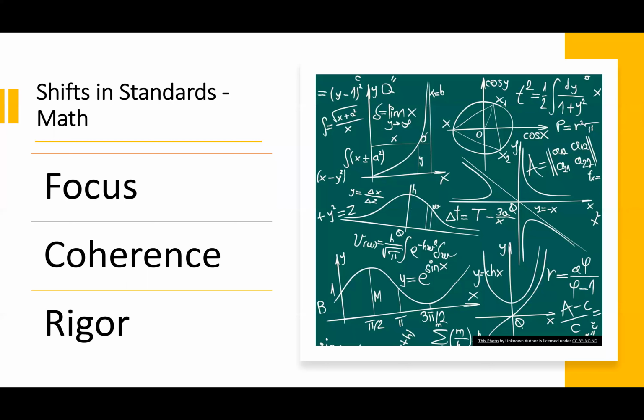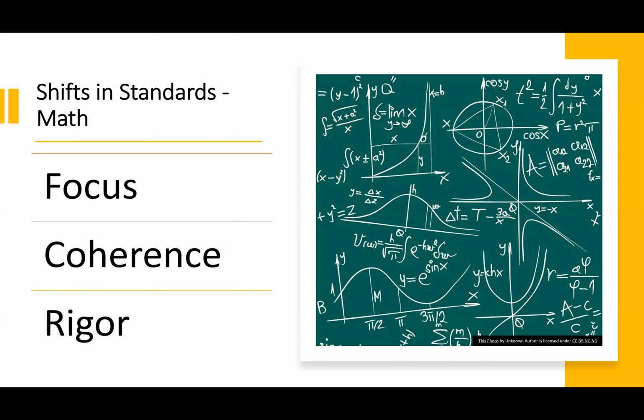With respect to the math standards and some of the shifts, you're going to see these fall under 3 other areas: focus, coherence, and rigor. Students have to go more deeply on concepts, incorporating procedural skills and fluency and understanding mathematical problems and applying the skills as they are learned.